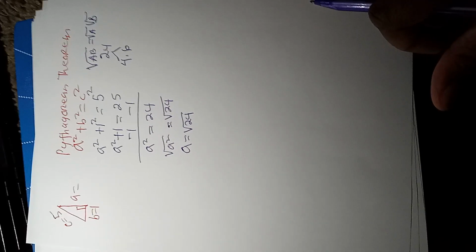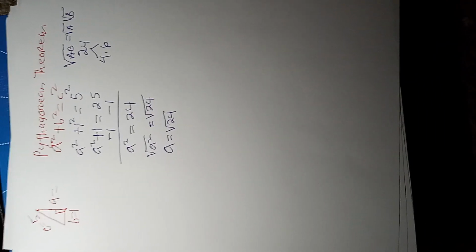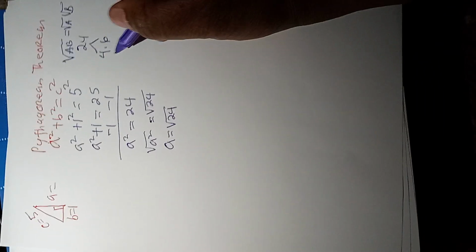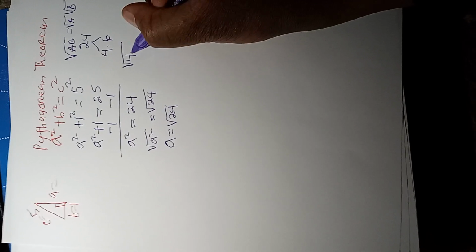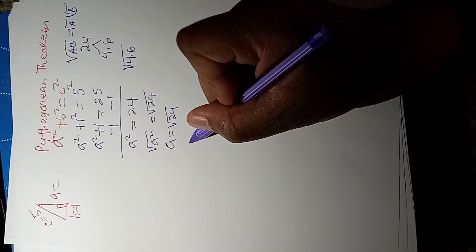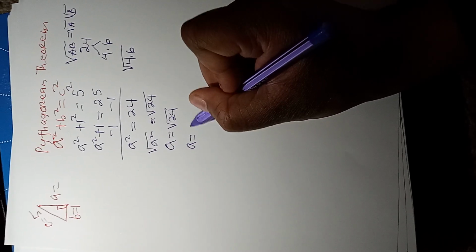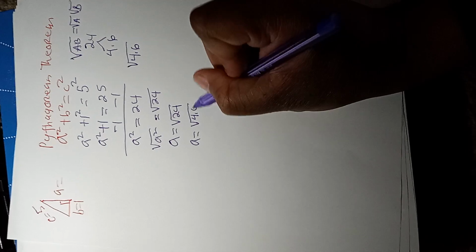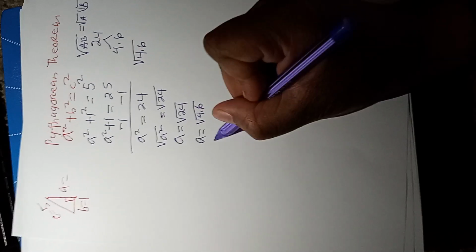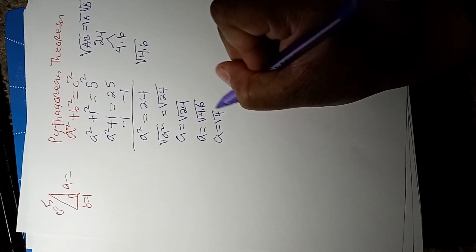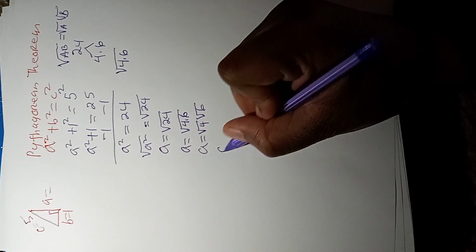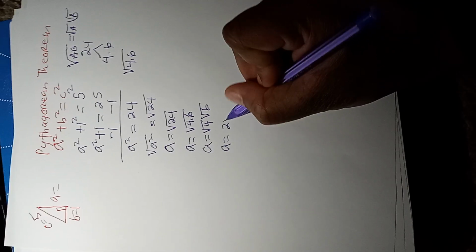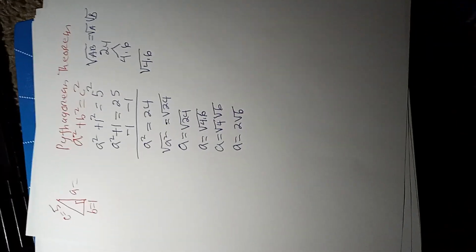So a is equivalent to the square root of 4 times 6, and then a is equal to the square root of 4 times the square root of 6. The square root of 4 happens to be a perfect root within an irrational root. So a is going to break down to 2 square root of 6 because the square root of 4 is 2.